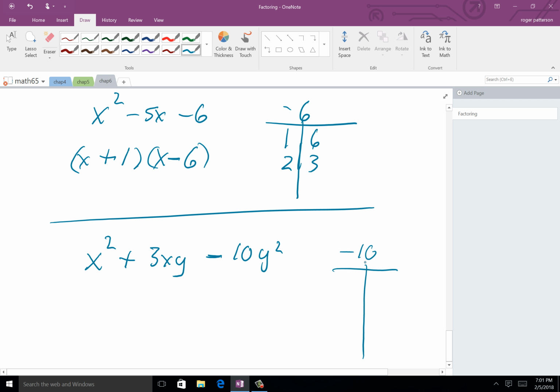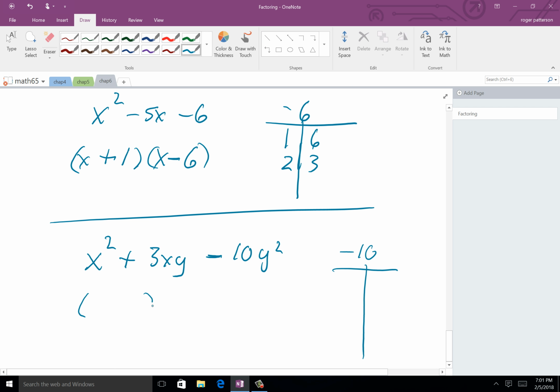Notice we have an x squared, we have a y squared here, we got xy in the middle. Not sure which way to write it. Well, I got an x squared, it's all by itself. I'm going to start with that first. Okay, put the xy in the middle.